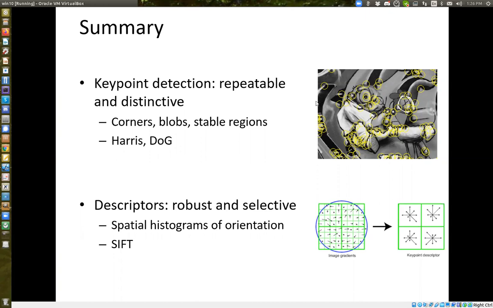SIFT also provides the descriptor after you determine the keypoints. We mentioned that most descriptors are based on the histogram of oriented gradients and variations of that. So that's a quick summary.